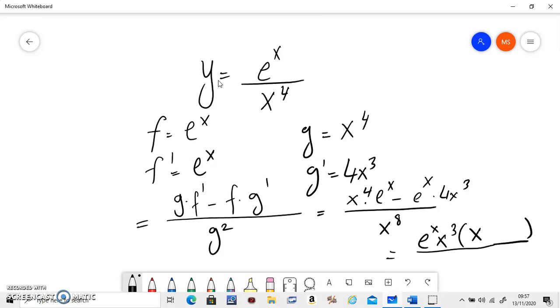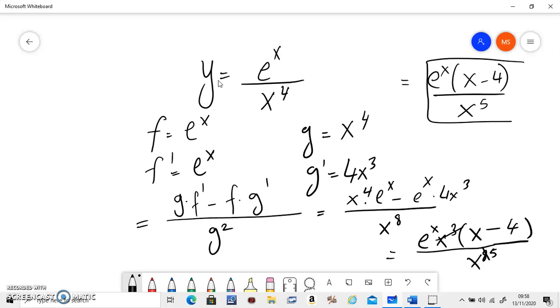So we get x minus 4 over x to the 8. This cancels this, leaving 5. So final answer I write it here. E to the x times x minus 4 divided by x to the 5. That's your final answer.